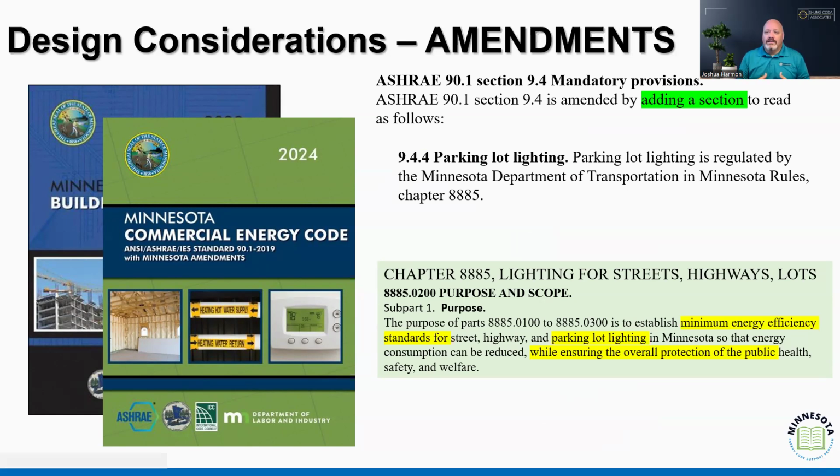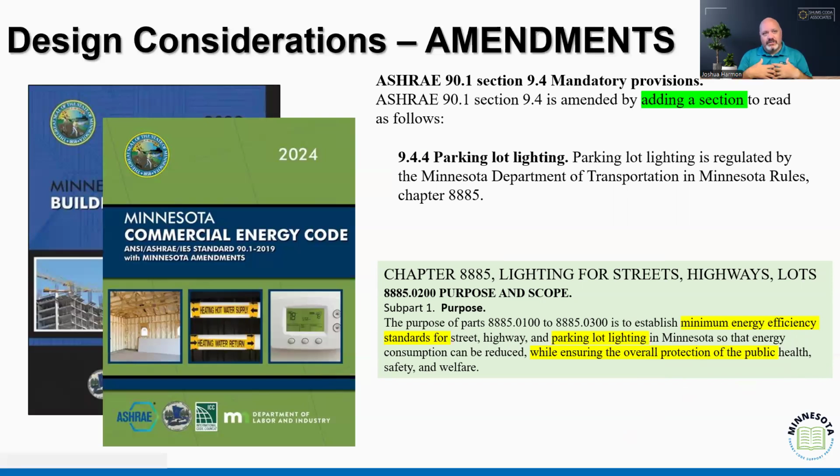Some other things that were added is the recognition that parking lot lighting is going to have to comply with Chapter 8885 of the Department of Transportation rules, which sets the minimum efficiency standards that are not to be reduced as long as we're ensuring overall protection of public health, safety, and welfare.